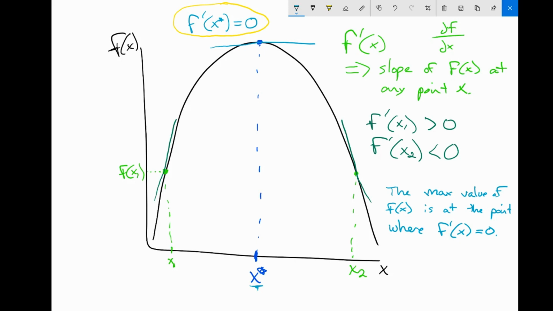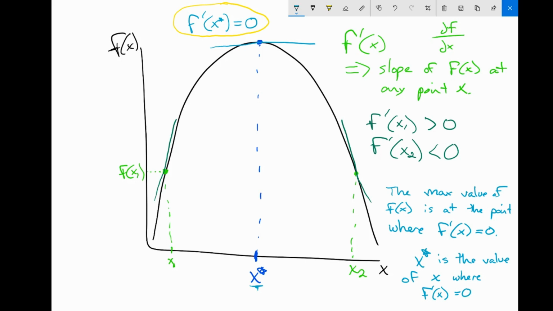This is where the function f of x reaches its maximum, at the point at which f prime of x equals 0. That means that x star is the value of x where the derivative of f of x equals 0.